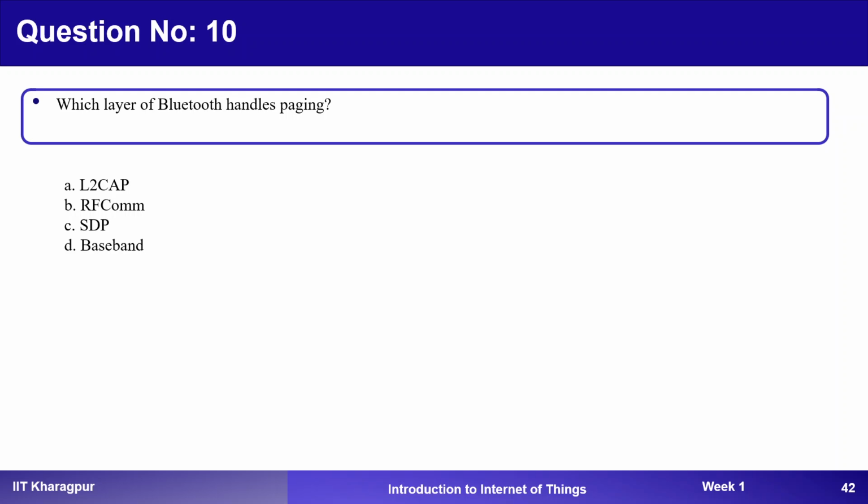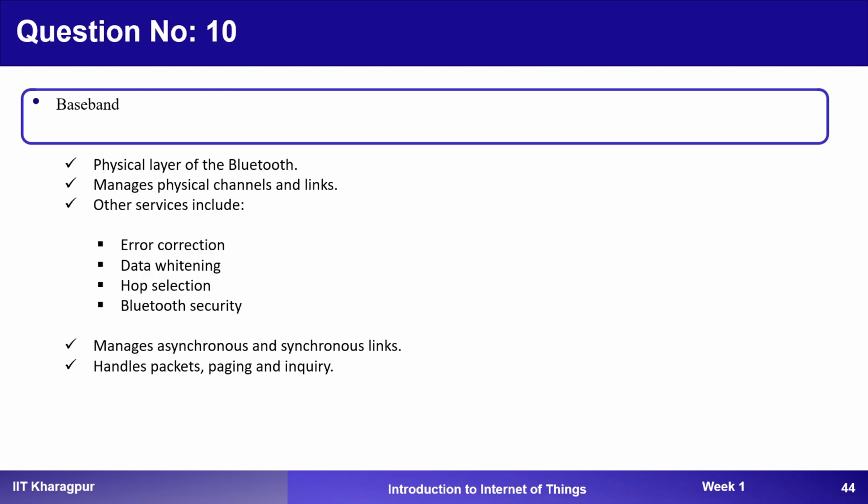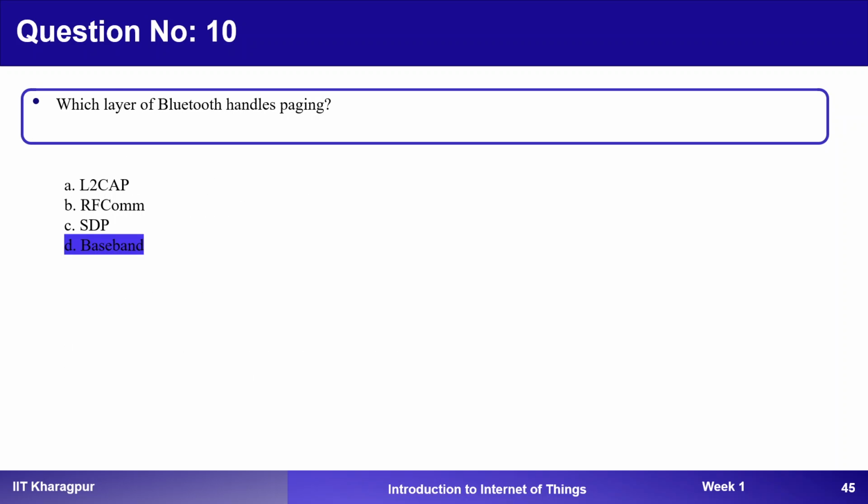Yes, this is the process to establish the connection between two Bluetooth devices. As I already told you, all the physical layer services, such as establishing connection and hop selection, are done by your baseband layer.